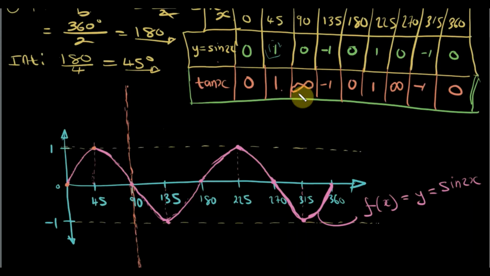At every point where you have the sign of infinity, it simply means that the tan graph approaches these vertical asymptotes but never really touches them. That's why they go all the way to infinity. And also we have 1 at 270. These are asymptotes.